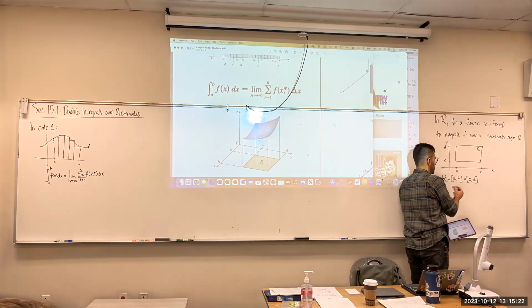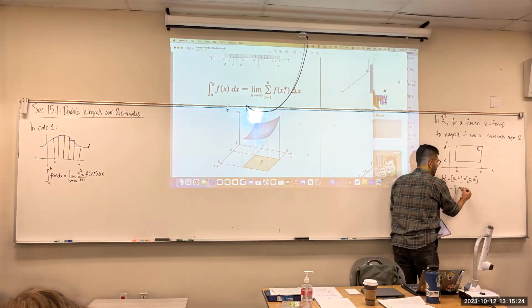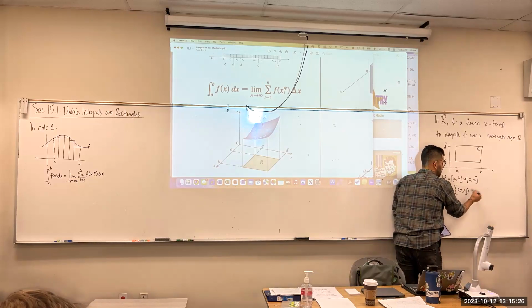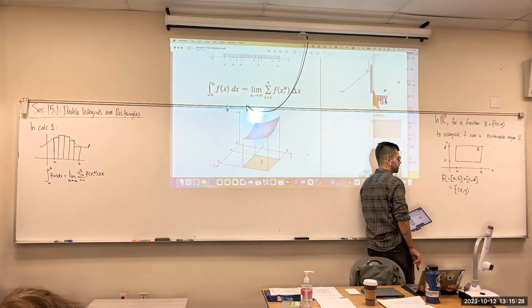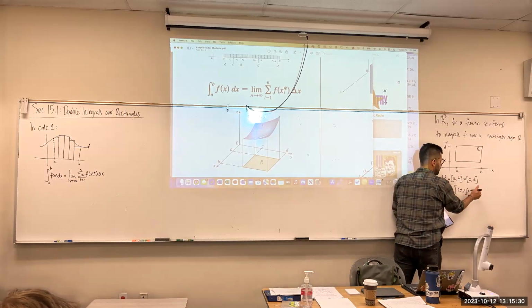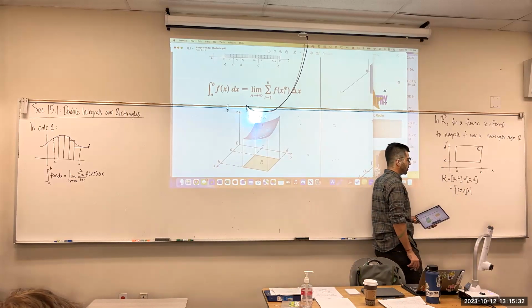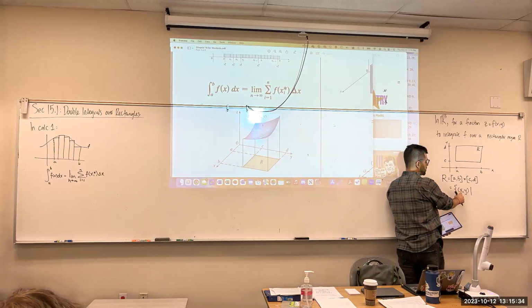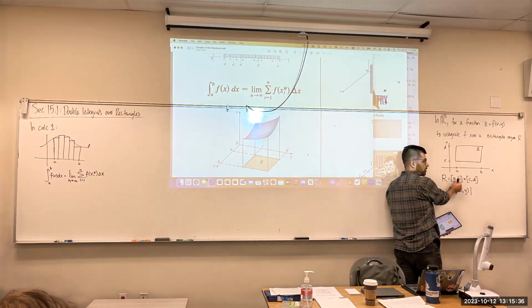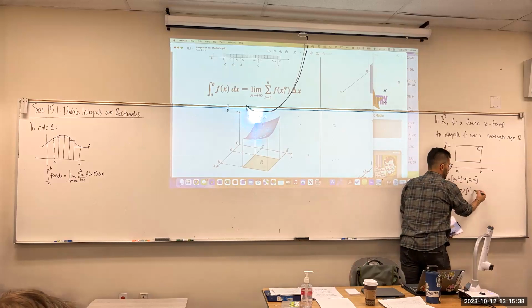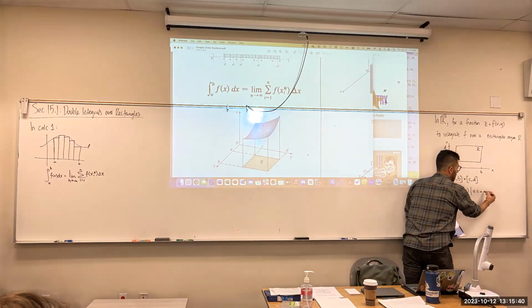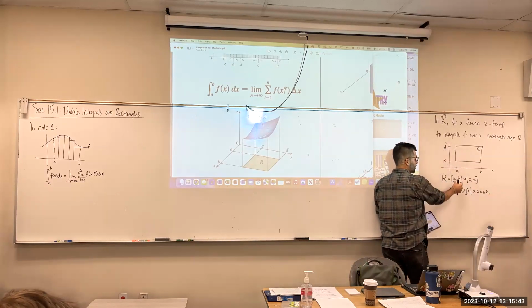What this really means is a set of pairs of coordinates, a point of two coordinates, where the first coordinate is restricted to the first interval. So X is restricted from A to B. That's how you want to read this.